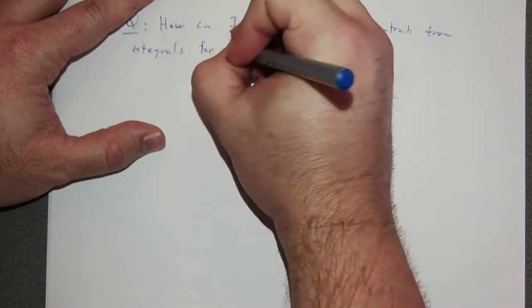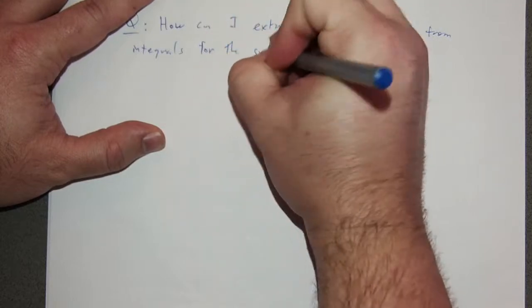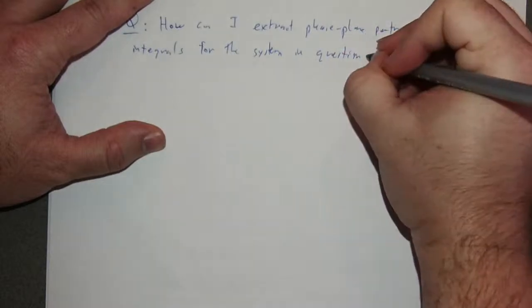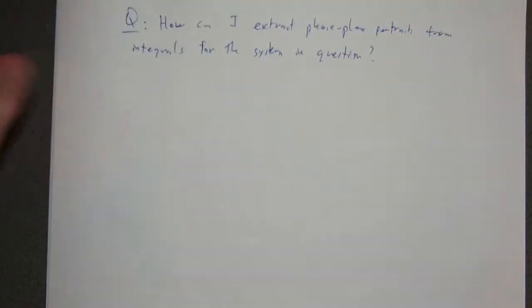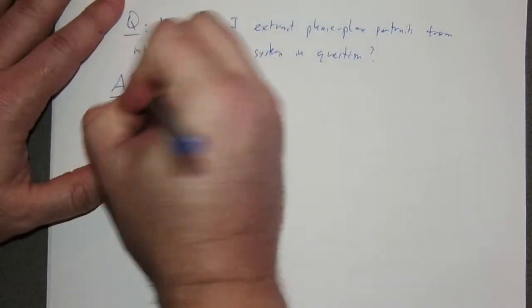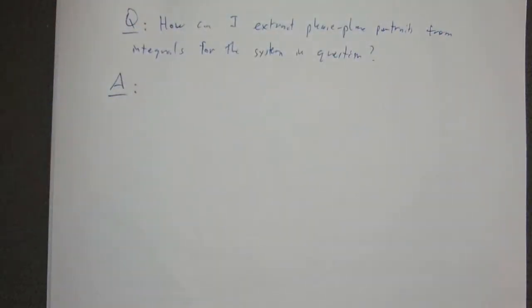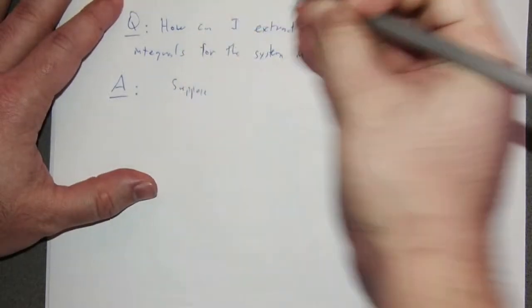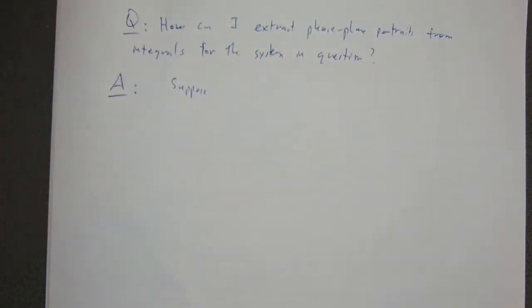So integrals for the system in question, or Hamiltonians if we're dealing with a slightly nicer system. All right, my answer is going to be a long answer, because basically everything we do here for the rest of the lecture is going to follow as an answer to this question.